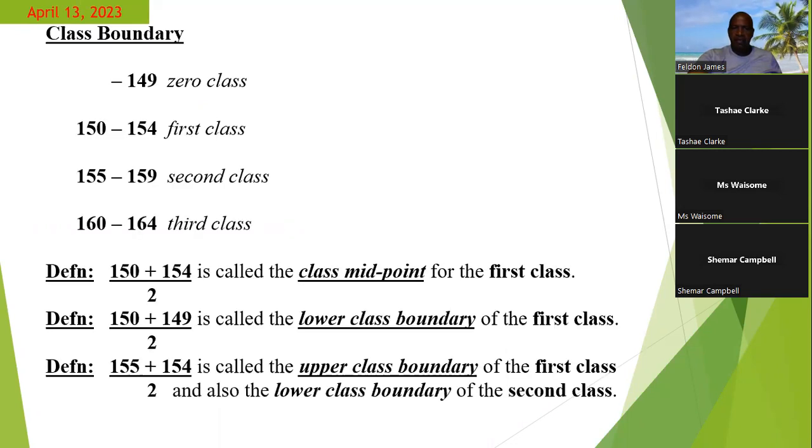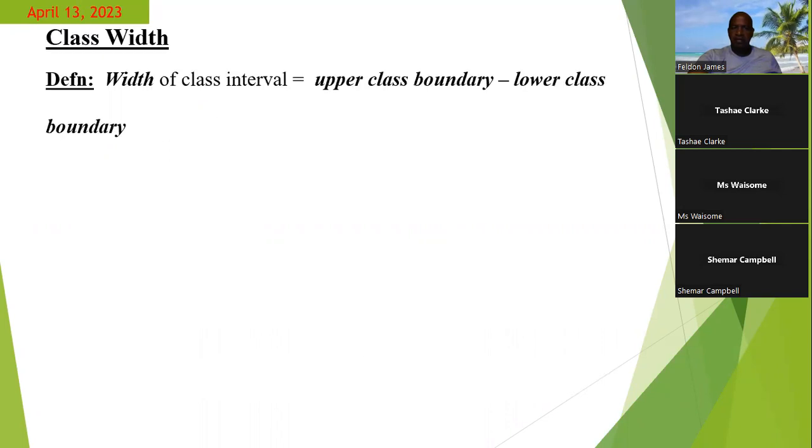All right, so we know about class midpoint, we know about class boundary, we know about class width now. How do we find the class width again, Ms. Waysam? Sir, we minus both boundaries, sir. Ms. Waysam, I would like you to be more specific, Miss, because you always tend to not specify.